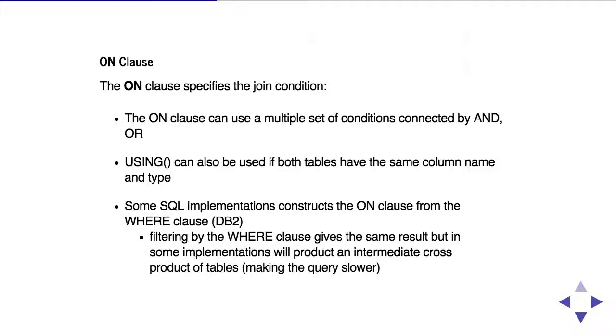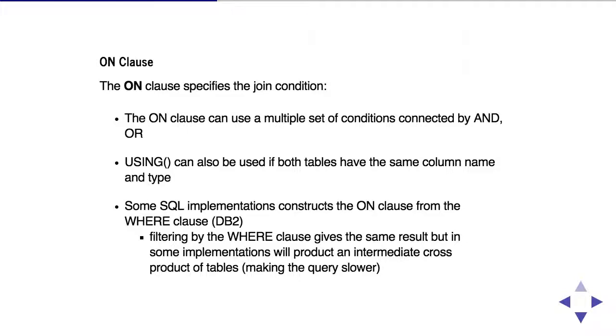Some implementations of SQL can formulate the ON condition of the ON clause right from the WHERE clause. This is usually done by the SQL implementations that you have to pay for, like DB2.